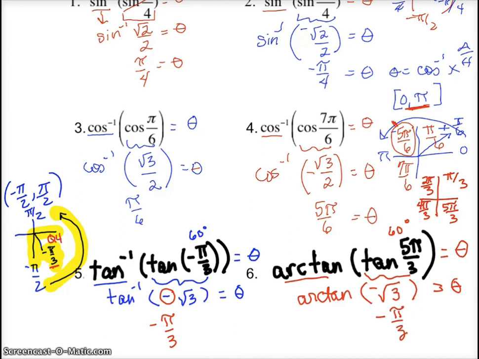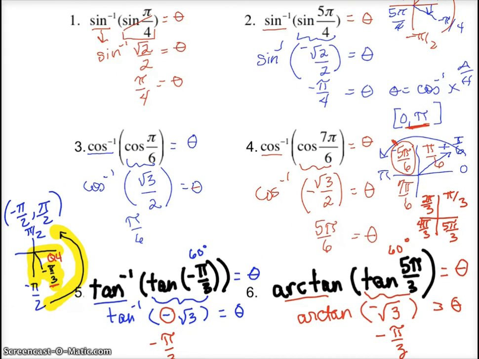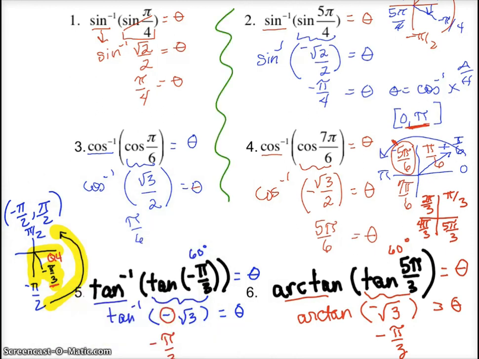Okay, what I would like for you to do is look back over the solutions for 1, 3, and 5, and then check out the solutions for 2, 4, and 6.